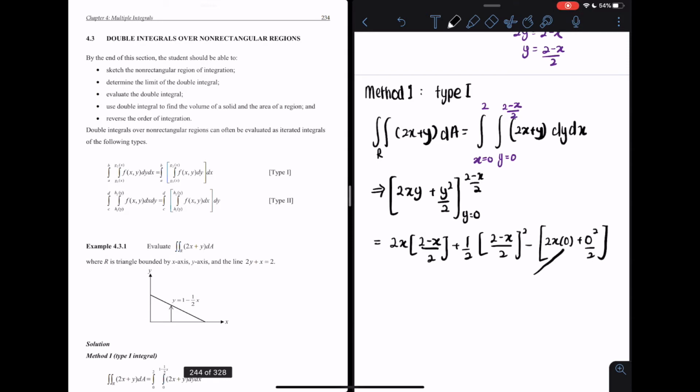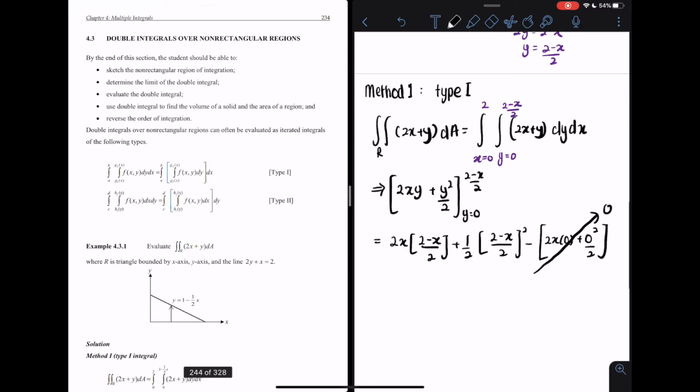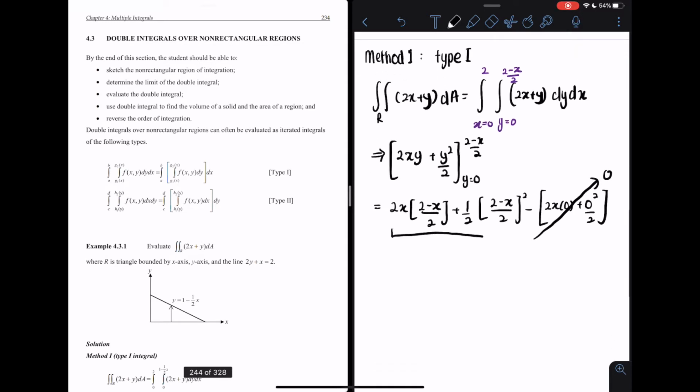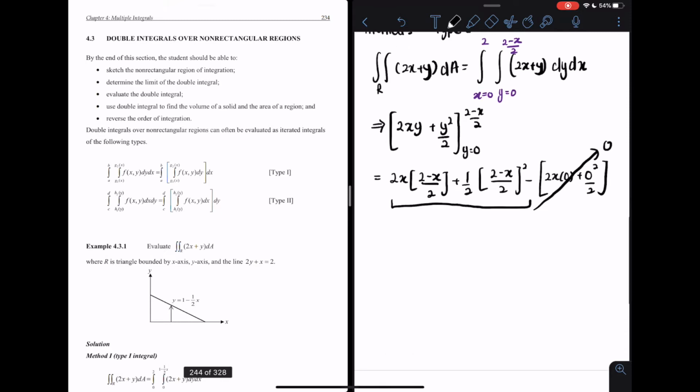So I believe this term all goes to 0. Now we can focus on simplifying this portion. So in this case, I will get 2x minus x squared plus 1 over 2 times 1 over 4.